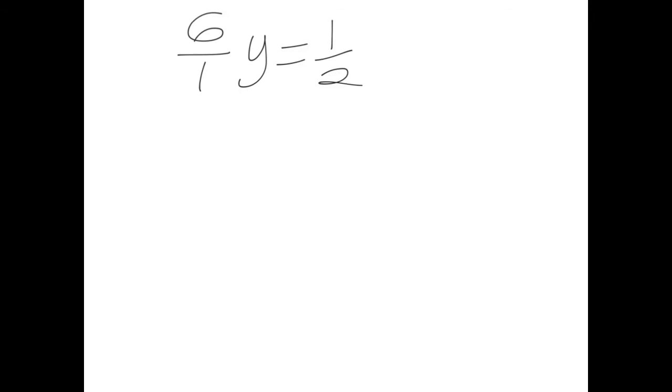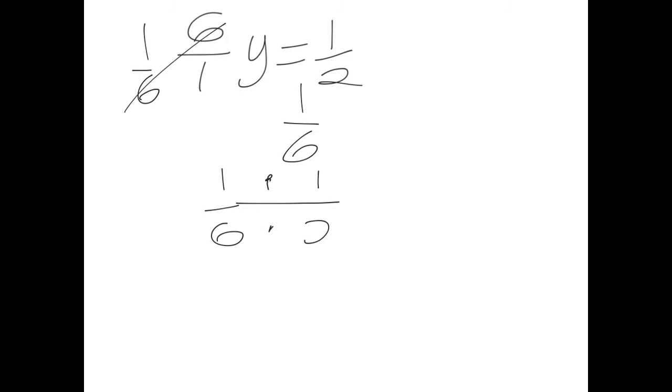Okay, so you would start right here, and it would be 1/6. It's reciprocal, and that will come out, and 1/6, and then you would do 1/6 times 1/2. It says 1 times 1 and 6 times 2, which equals 1/12. Thank you very much.